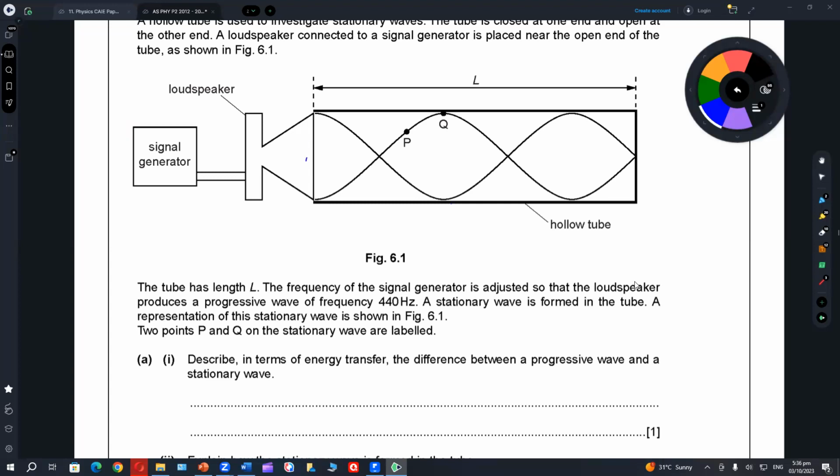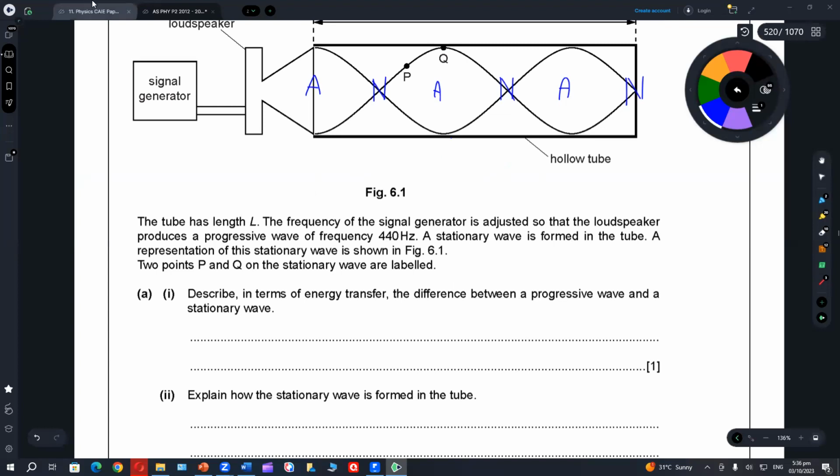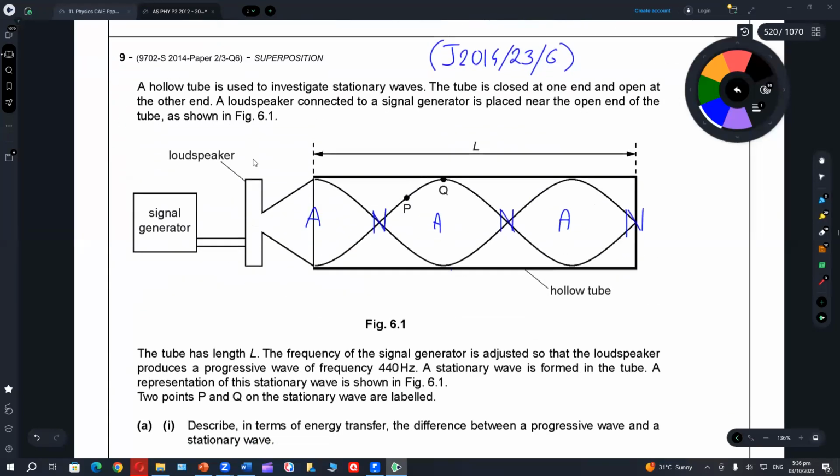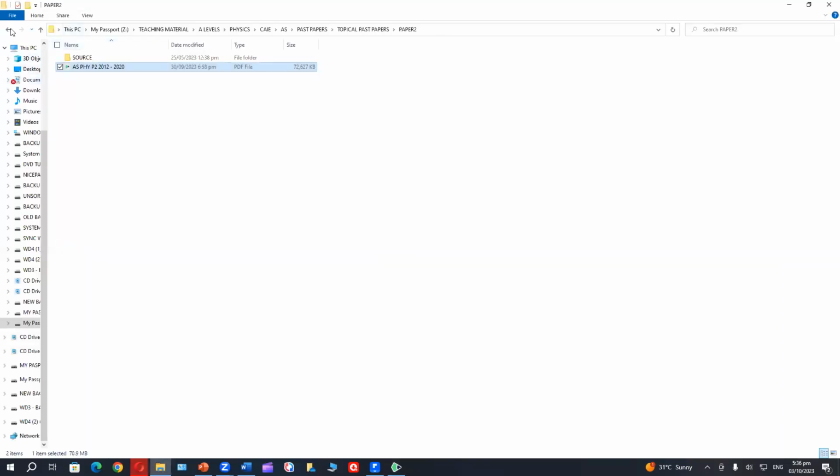Should I say a node is where the 2 points meet, the 2 waves meet, like this? Yeah. Now it's a 1 mark question only. But it's a theory question. So June 14, 6.